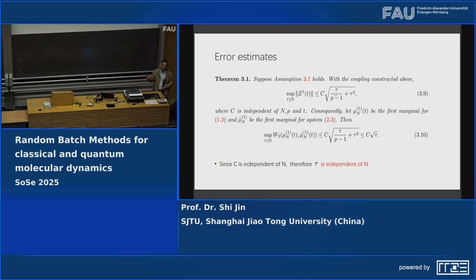So I cheated and I succeeded, right? So that's the L2 error, and you get a similar error for the Wasserstein-2 distance between the empirical measures of the two systems, also square root of C, square root of tau. So that's the key: the time step is independent of capital N.